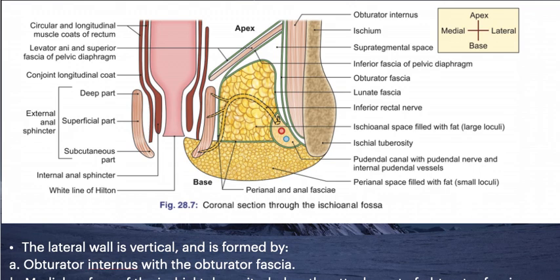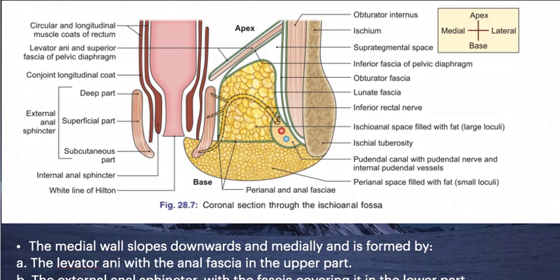The lateral wall is vertical and it is formed by the obturator internus with the obturator fascia, and the medial surface of the ischial tuberosity below the attachment of the obturator fascia. This is the medial wall. It is sloping downwards, as you can see, and is formed by the levator ani muscle with the anal fascia in the upper part. Then we have the external anal sphincter medially with the fascia covering it in the lower part, right?